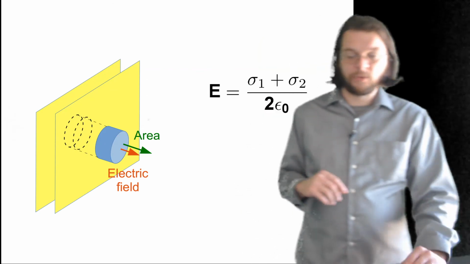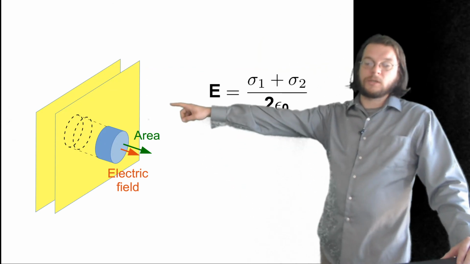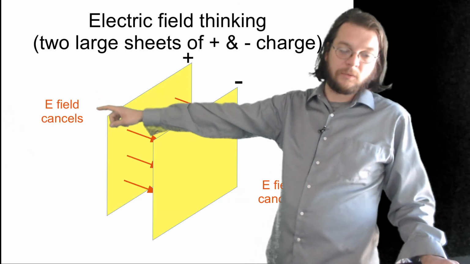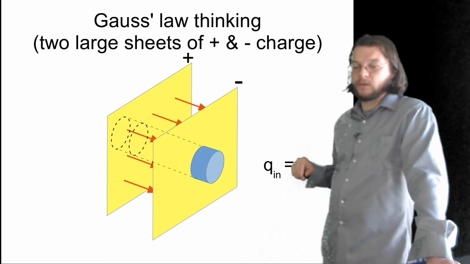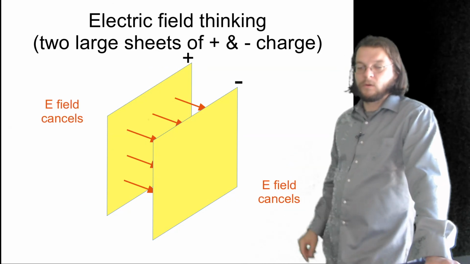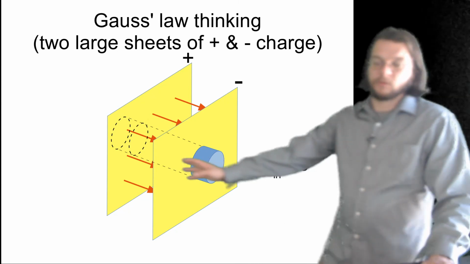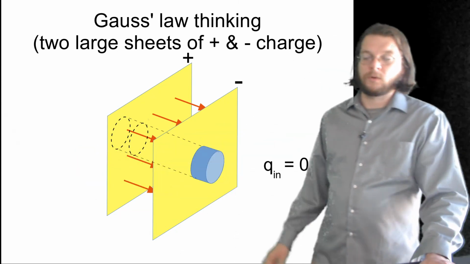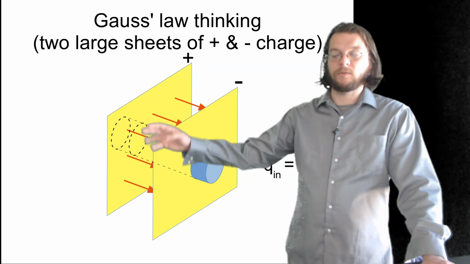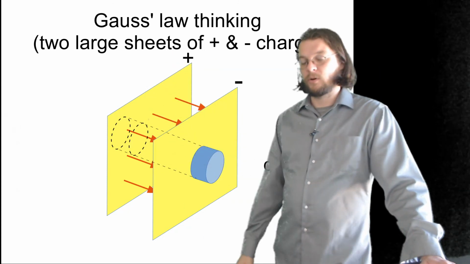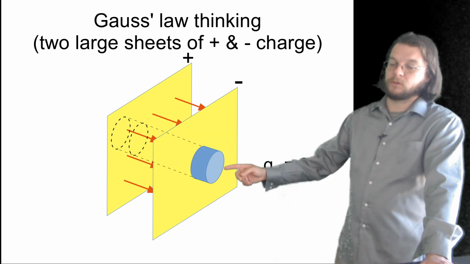with the cylindrical geometry. Likewise, with these two sheets, if one of these sheets is positive and the other one's negative, then you can do Gauss's law analysis and say, all right, if my Gaussian surface goes all the way through both of them, there's negative charge enclosed here, positive charge enclosed here. If these two surfaces have the same total charge, then the charge enclosed in our Gaussian surface is 0.